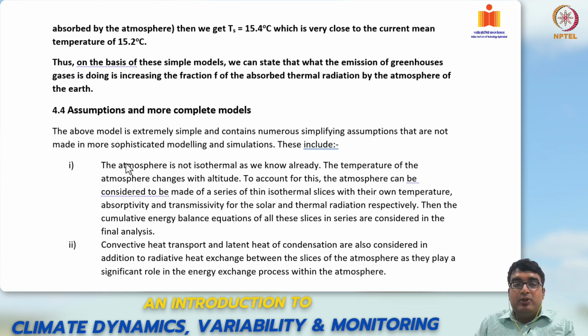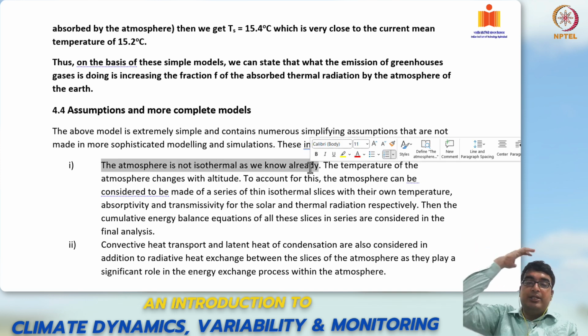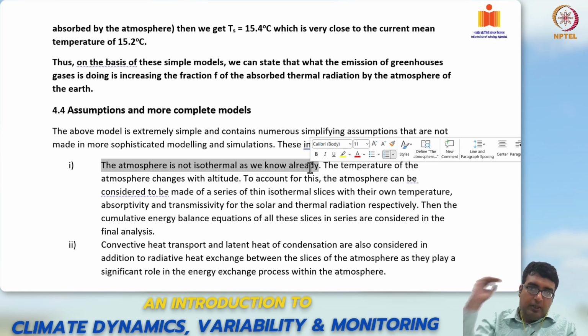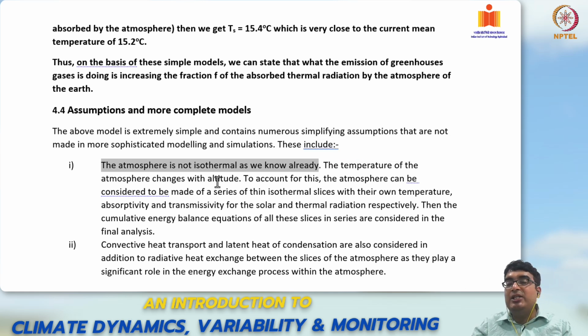Firstly, the atmosphere is not isothermal, which we know already. We have seen a significant temperature variation of the atmosphere; the temperature changes with altitude. To account for this, the atmosphere can be considered to be made of a series of thin isothermal slices, each with its own temperature, absorptivity and transmittivity.